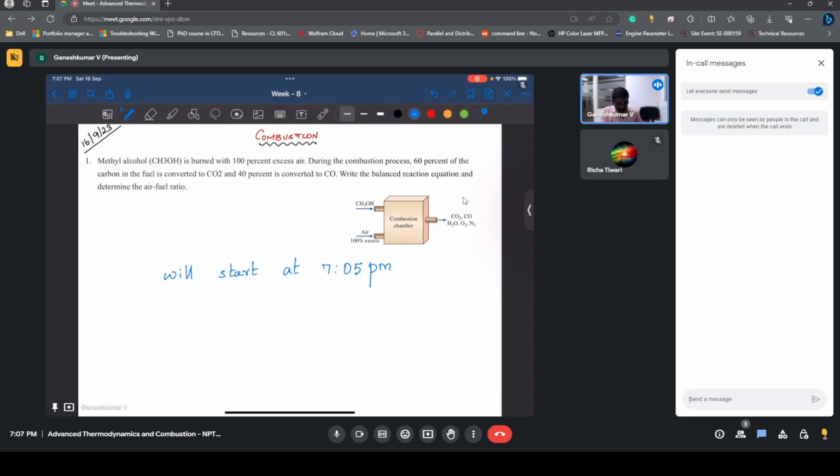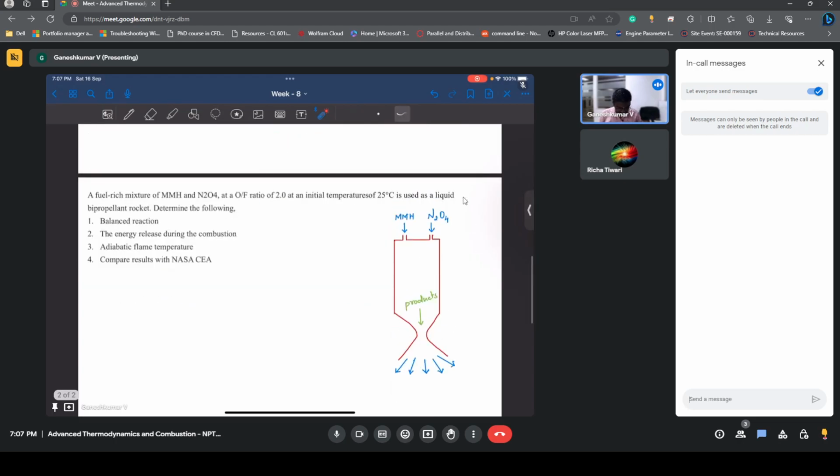All right. So if you don't have any questions, let me solve today's problems. Today's problems are going to involve combustion. I have one question which is simpler, and the second question involves combustion happening inside a rocket motor, the liquid propellant rocket motor.